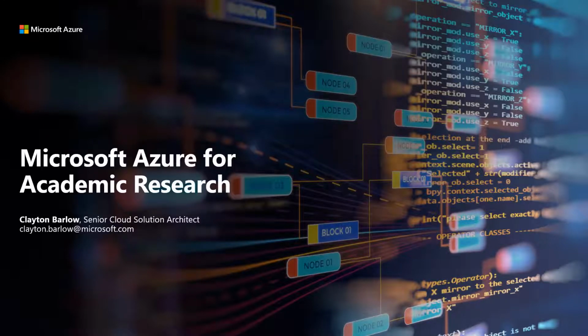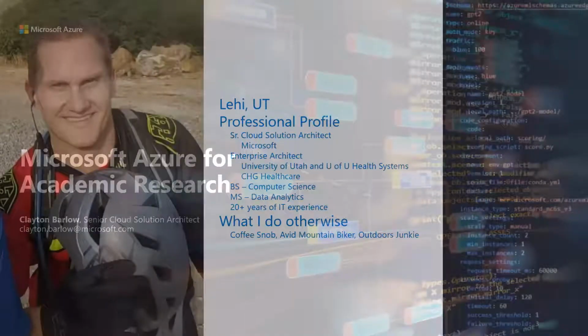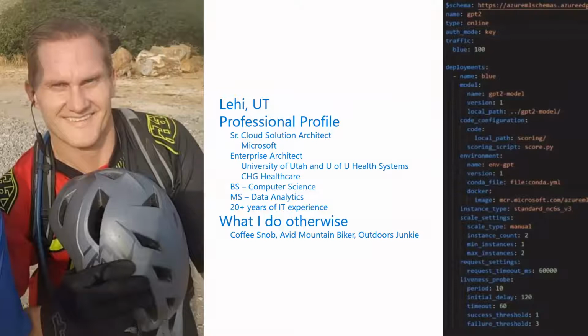Well, before we get too started, so you get an idea of who I am, why you may want to listen to what I have to say, or maybe why you don't. My name's Clayton Barlow. I'm a cloud solution architect for Microsoft.